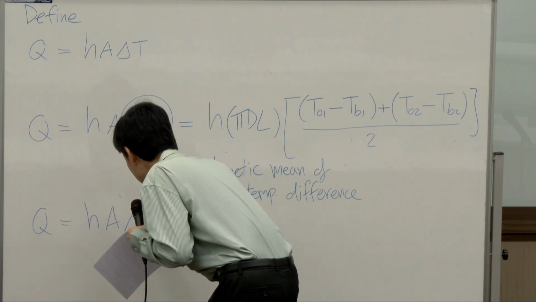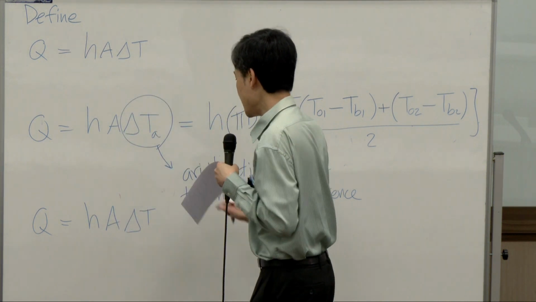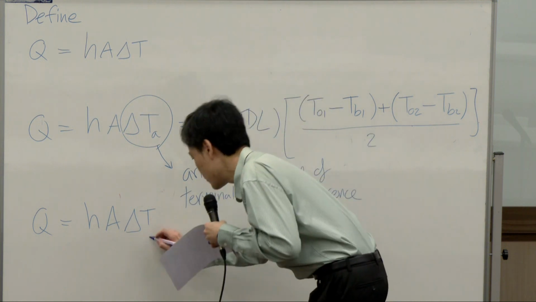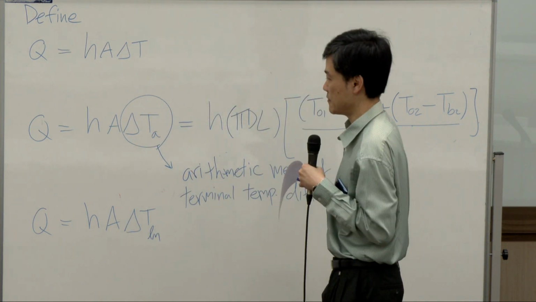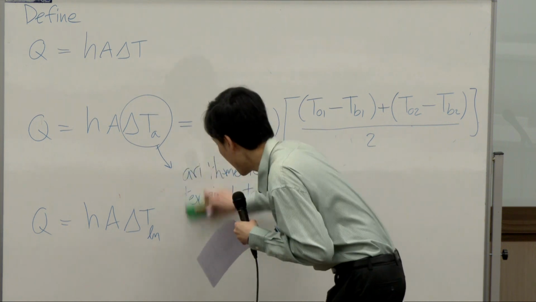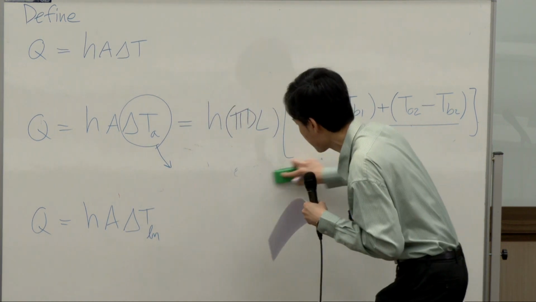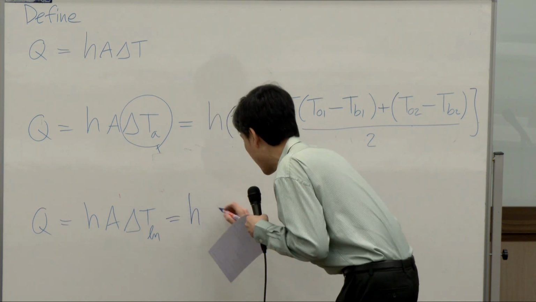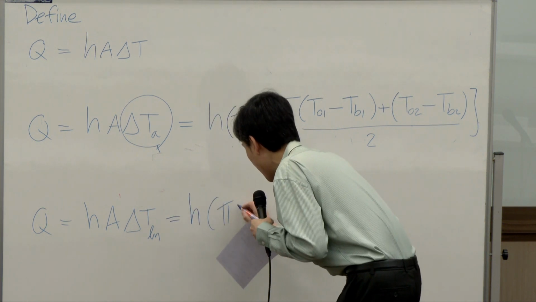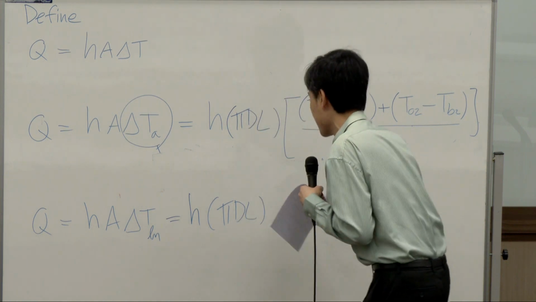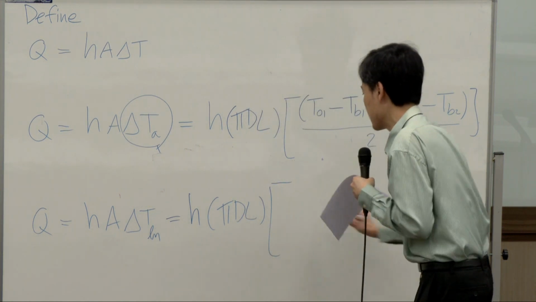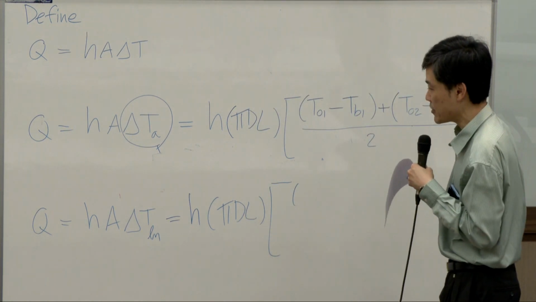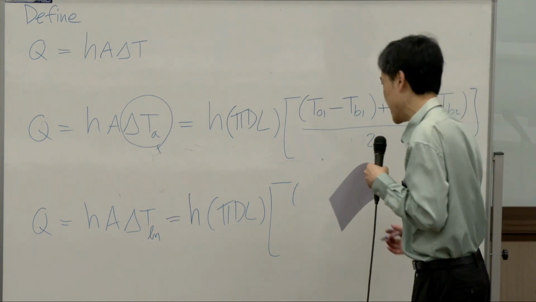Same form, delta T, but changing from arithmetic mean to logarithmic mean. So if I do that, then it will be equal to heat transfer coefficient times area. Now this driving force would be averaged by means of logarithmic mean.